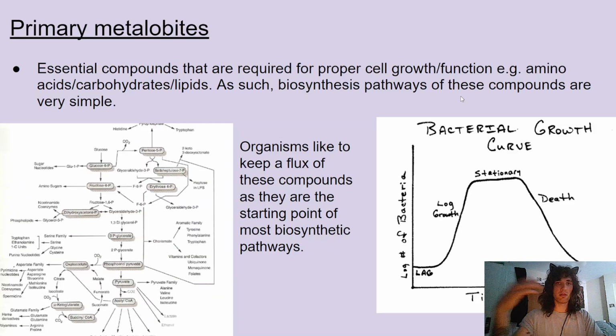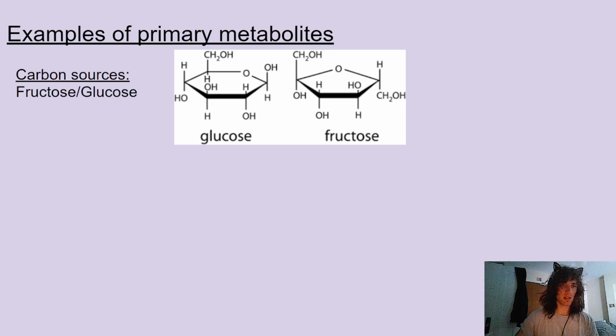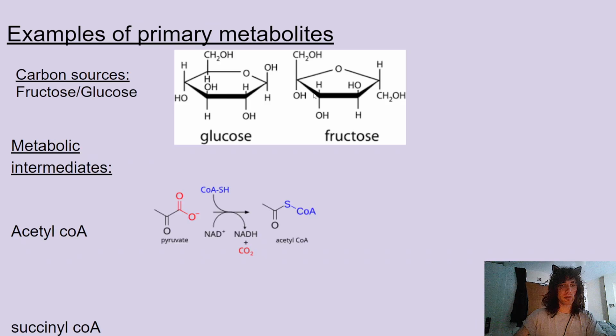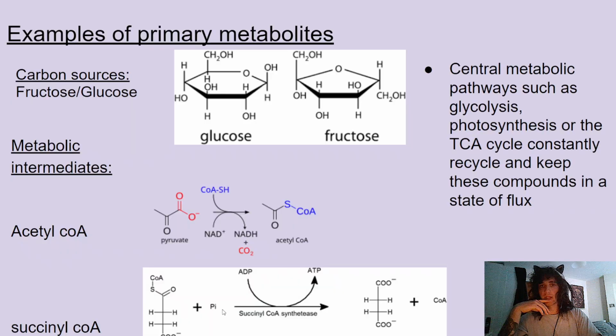So in terms of your bacteria life cycle, these are primarily biosynthesized in your lag-log growth phase. Why? Because they're essential to growth. You need them. Some examples are obviously your carbon sources, your metabolic intermediates like acetyl-CoA, which is valuable in the Krebs cycle, and succinyl-CoA, which you need for energy production, like your GTPs and your ATPs.